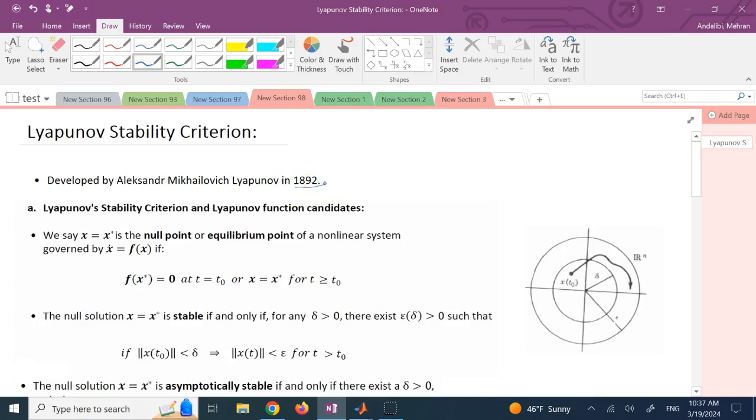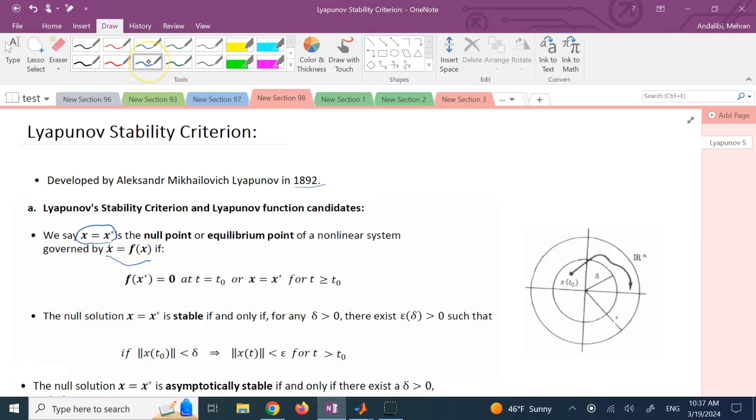So what is it? If we have a nonlinear system with a first-order ODE, x dot equals f of x, where x is the state of the system, then the equilibrium point of the system, x equals x star, is the point where f, the right-hand side, or the forcing function you might call it, becomes 0.